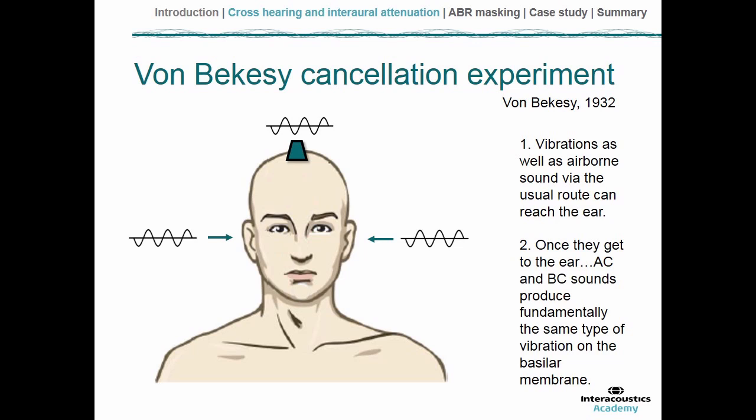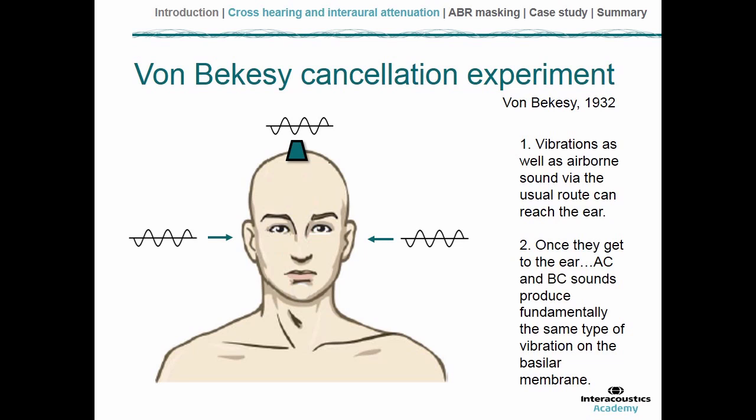And then in terms of the cancellation, he simultaneously presented via the normal air conduction route the same sound down both ears, but varied both the amplitude and the phase of that sound, tweaking it a little bit, until the sound from the bone vibrator was cancelled. And he knew this because it was suddenly no longer audible to the participant.